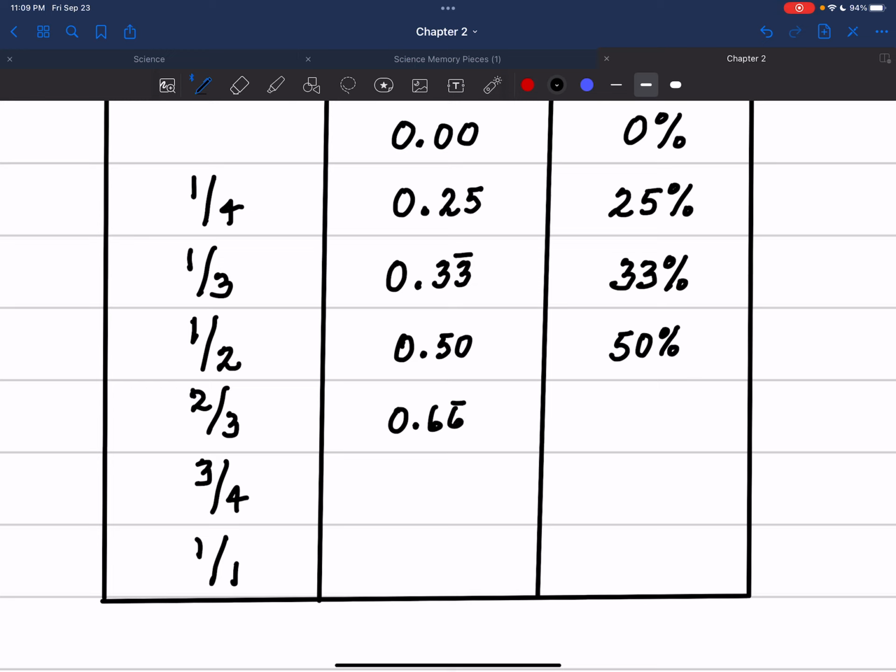So we're going to say about 67%. That one will round up because of this third 6 out here. Then 3/4, that's 75 cents, or 75%. And then 1/1, that's 1 whole, or 100%.